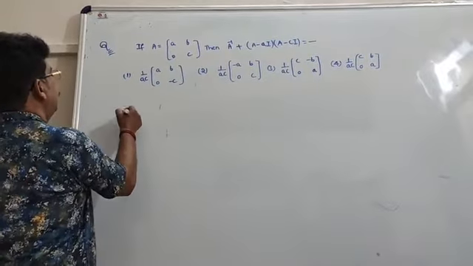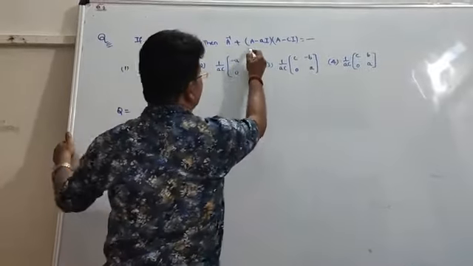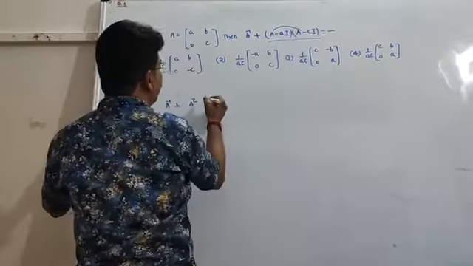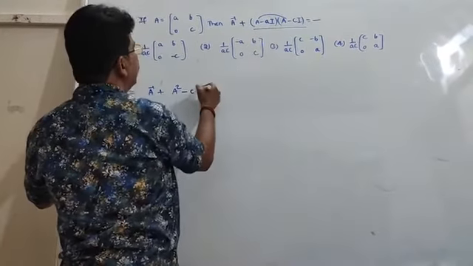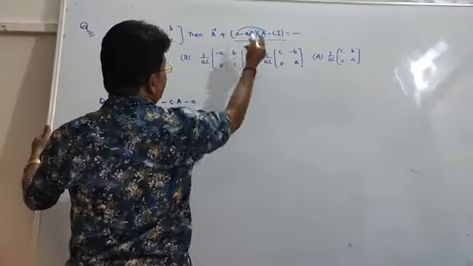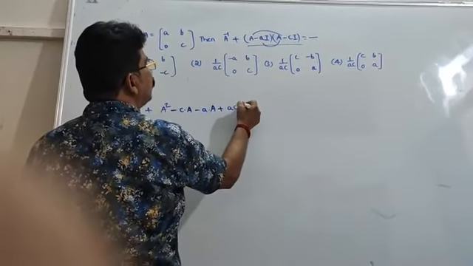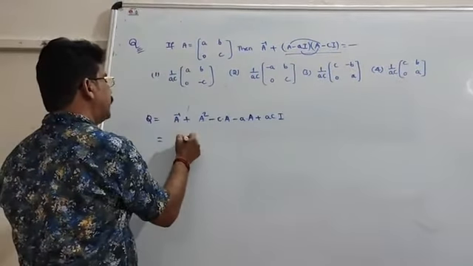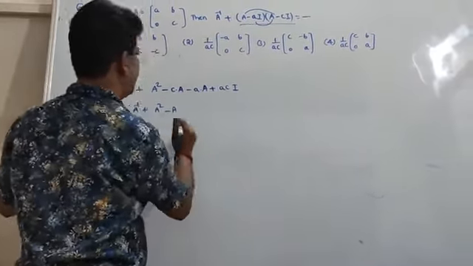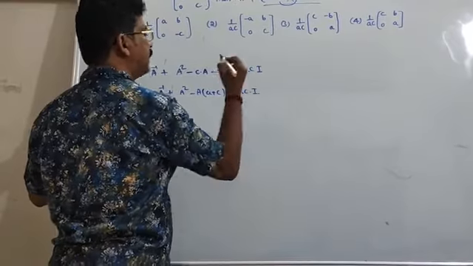The expression equals A inverse plus, first apply the multiplication: A into A is A square, next A into minus C into A into I gives minus AC, next minus A into I into A, next minus into minus plus AC, I square means I. So that is equal to capital A inverse plus A square minus A common, (A plus C) plus AC into capital I.